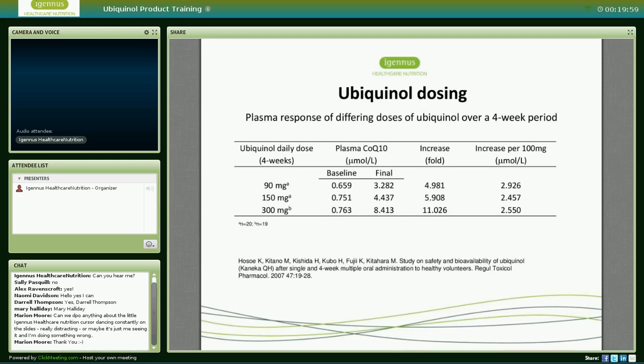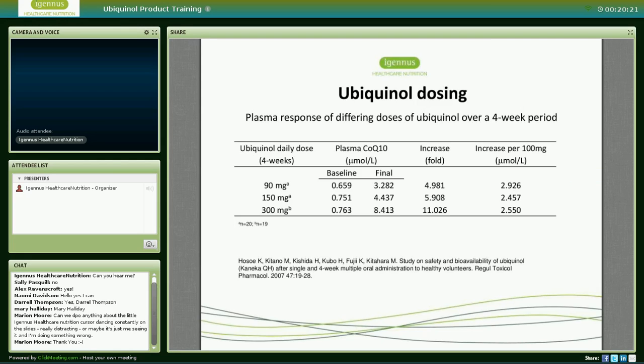So what about dosing? If we take ubiquinol and we solubilize it, how much should we actually take? Now this is a brief summary of a study. This isn't actually solubilized, this is standard ubiquinol, but looking at increasing dosage.